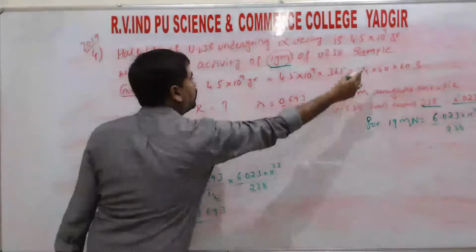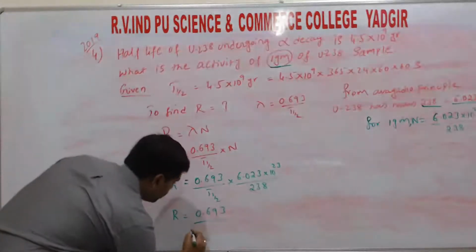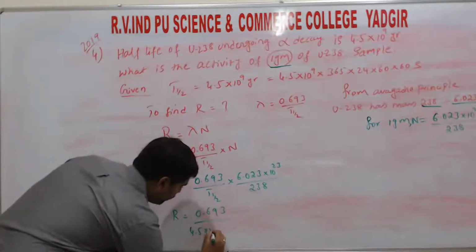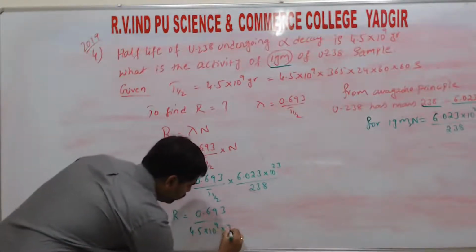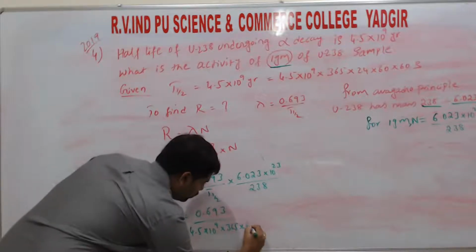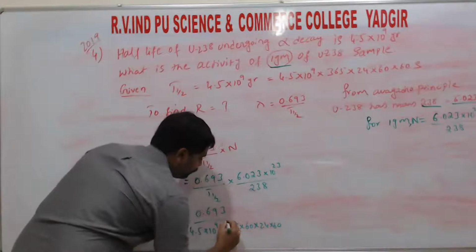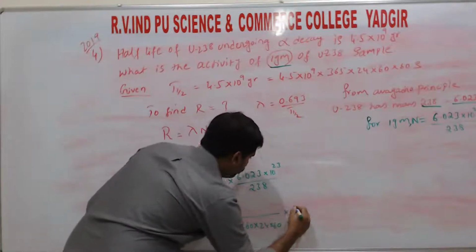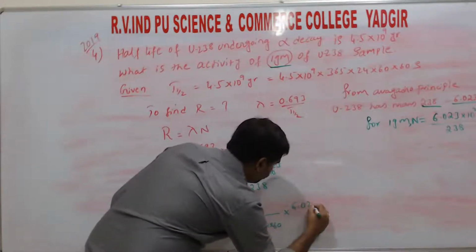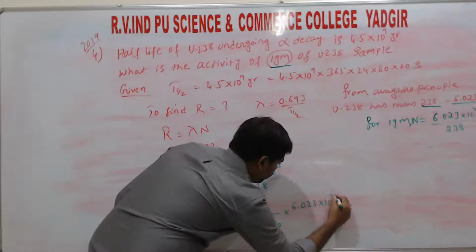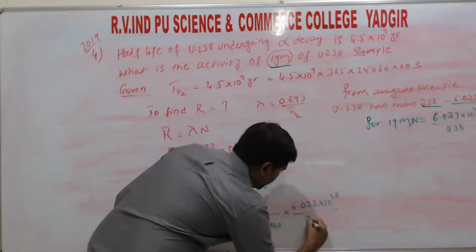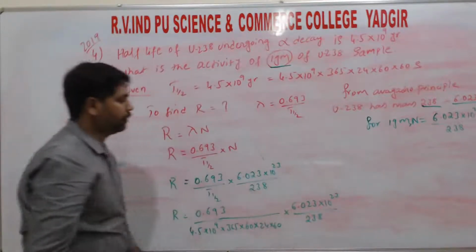So we need to simplify these terms, that is, I will write as 4.5 into 10 to the power of 9 into 365 into 60 into 24 into 60 into 6.023 into 10 to the power of 23 divided by 238.